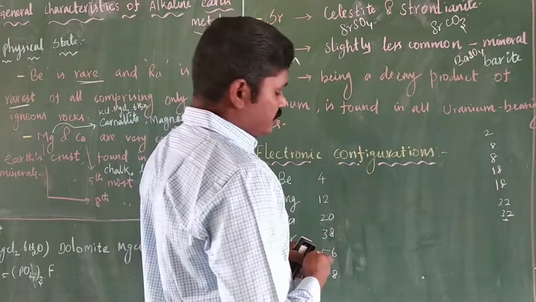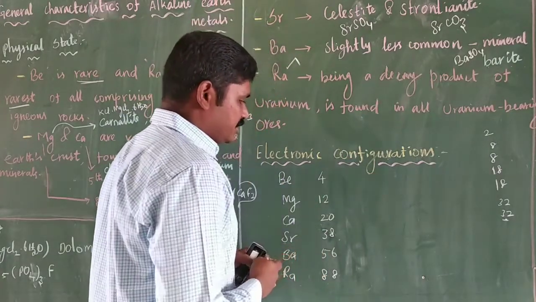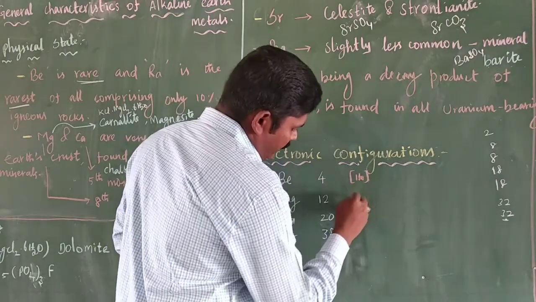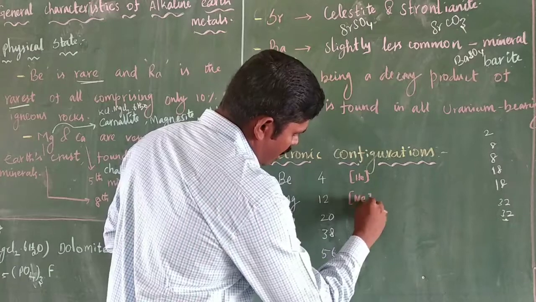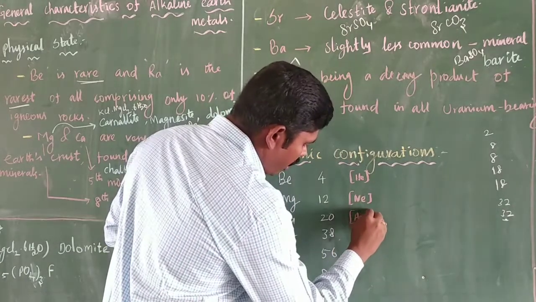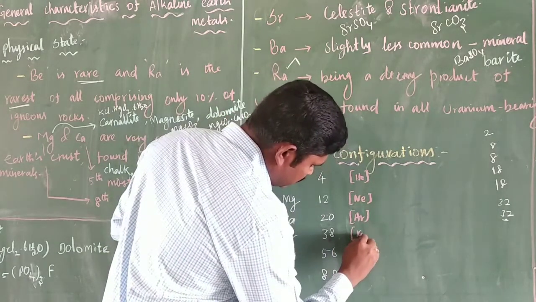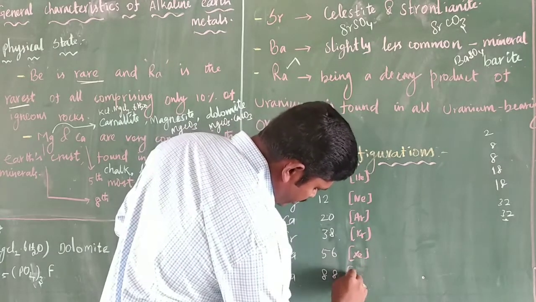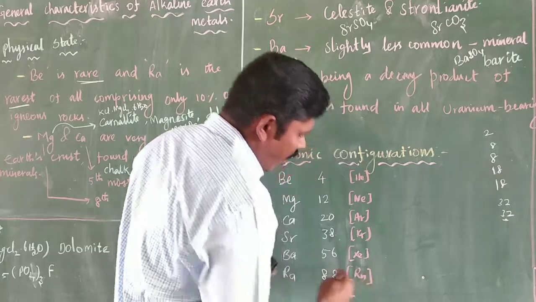Electronic configurations. The noble gases are helium, neon, argon, krypton, xenon, and radon.